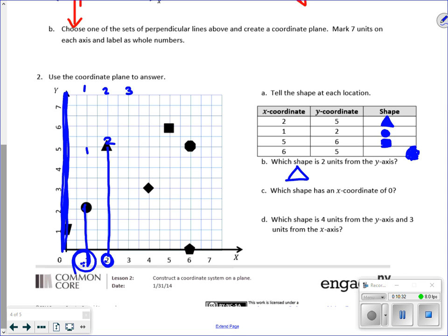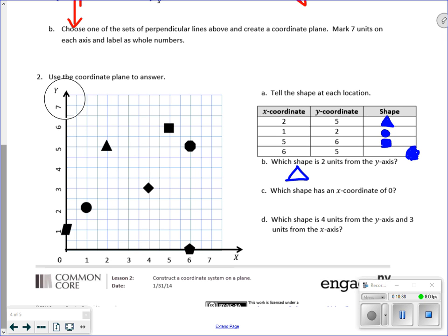What shape has an X coordinate of 0? So it would be where it's an X of 0 and something for a Y. Means that it would not go to the right at all. An X coordinate of 0, it would only go what direction?